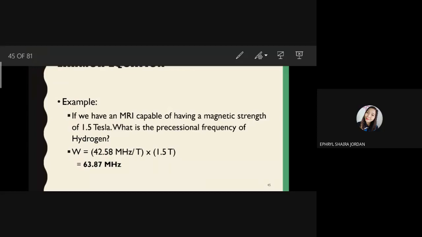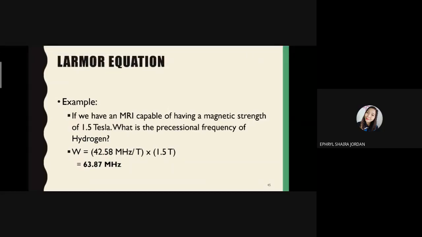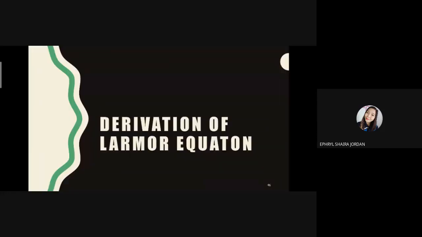So paano naman kung iba yung hinahanap? Like for example, if you're only provided with the Larmor frequency, paano mo mako-compute yung magnetic field strength? So here we have a derivation of the Larmor equation.